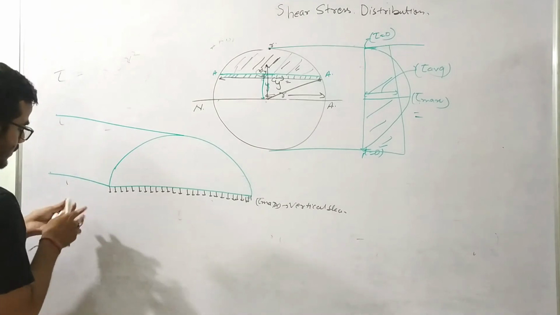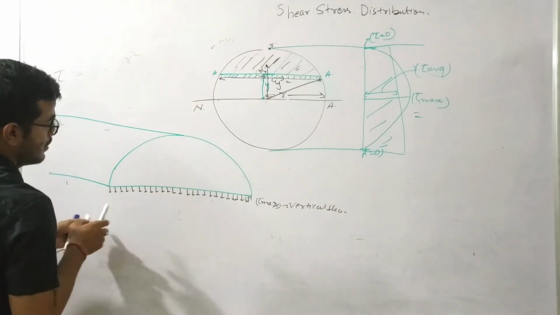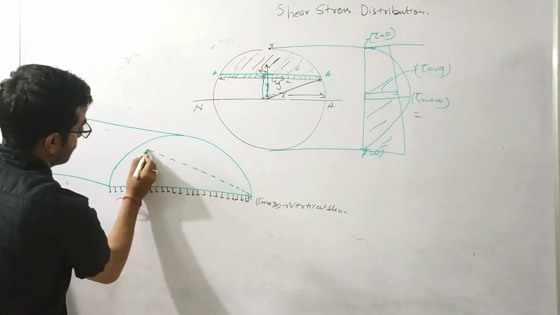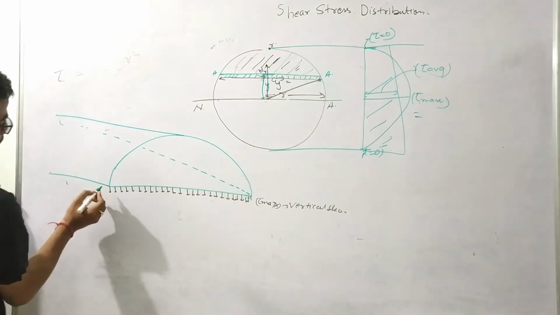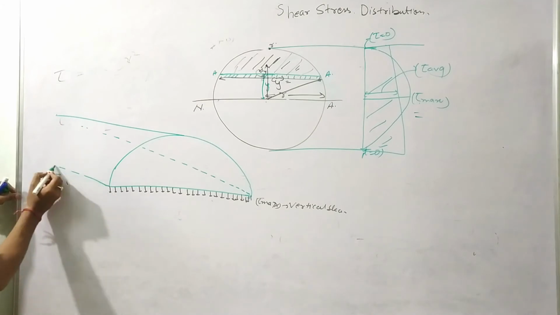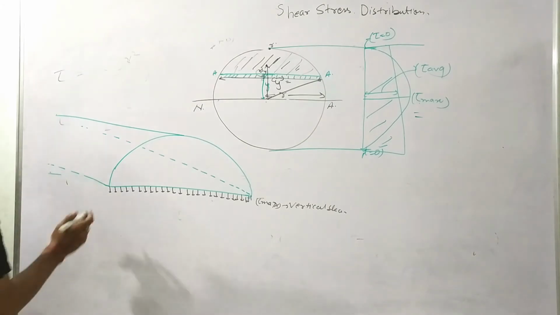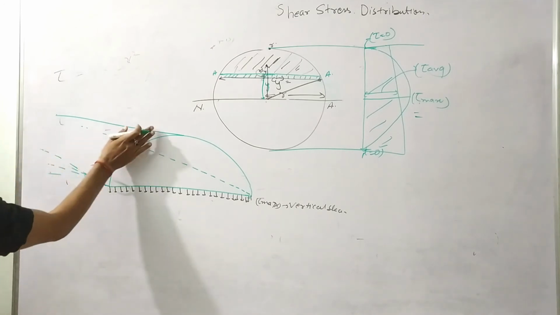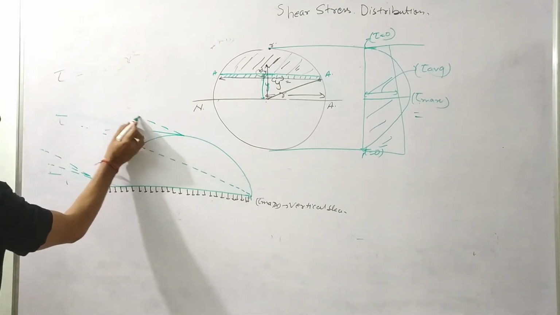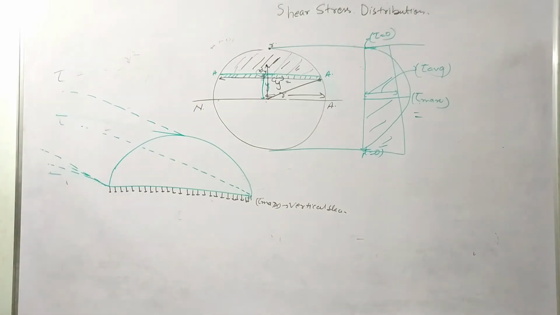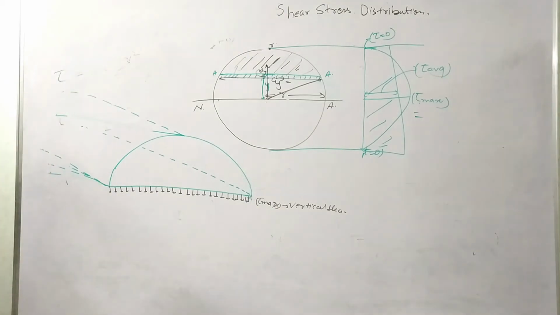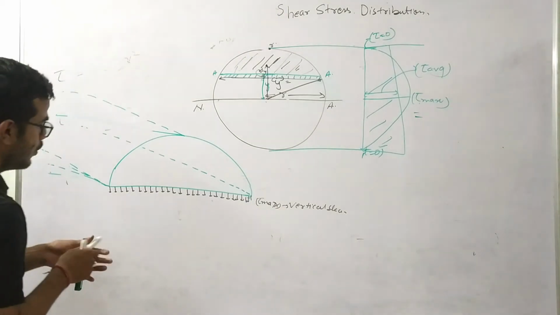if I draw in 3D view, now this is the tau max at the vertical cross section. Now, what will be at the horizontal portion?